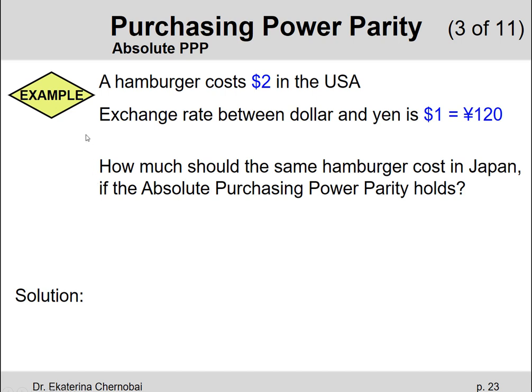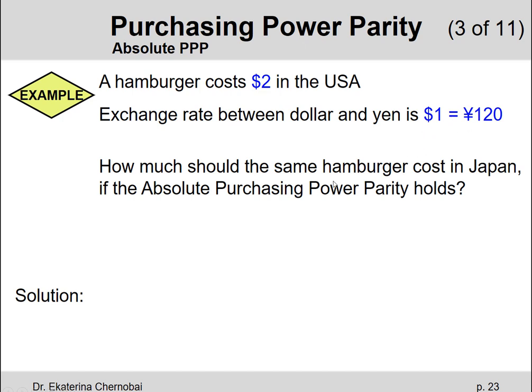For example, a hamburger costs $2 in the USA. The exchange rate between the dollar and the Japanese yen is $1 equals 120 Japanese yen. How much should the same hamburger cost in Japan if the absolute purchasing power parity holds? In other words, if it's true that this hamburger costs the same amount of money in both countries.